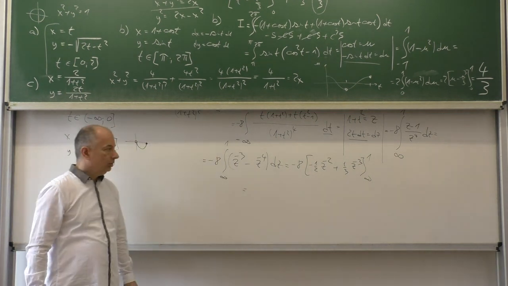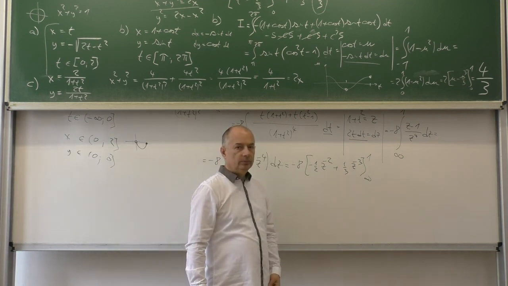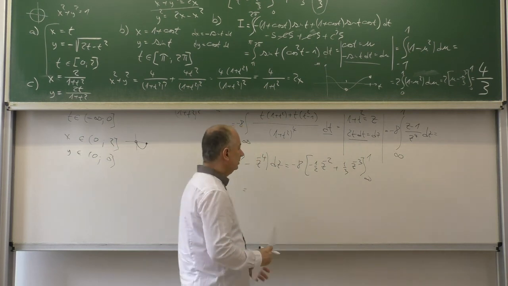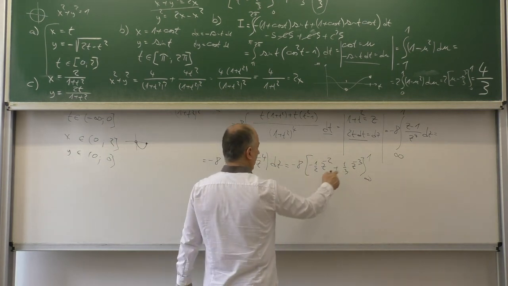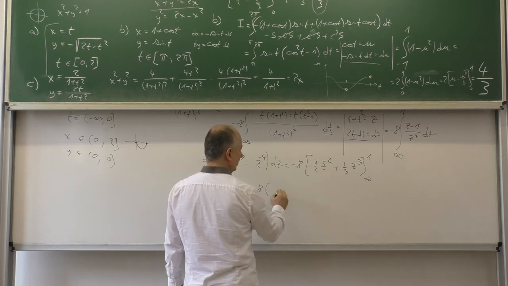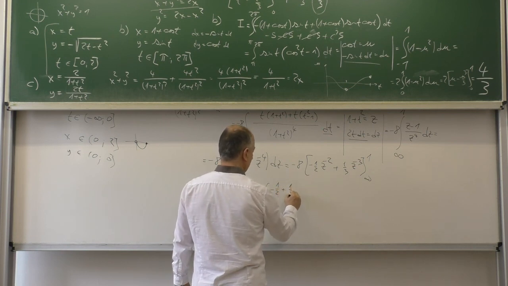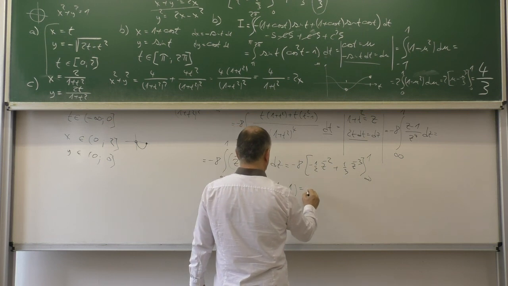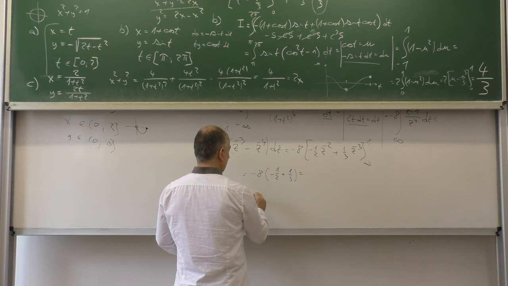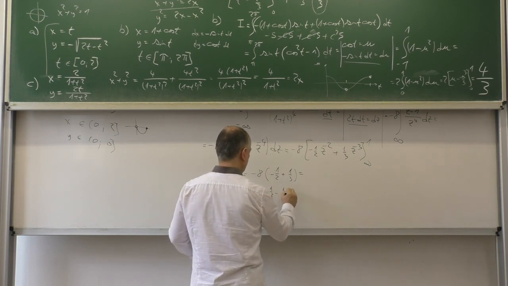And z to minus 2 and z to minus 3 at infinity is 0. More precisely, the limit for z going to infinity is 0. And when evaluated at 1, we have minus 8 times minus 1 over 2 plus 1 over 3, which is 8 times 1/2 minus 1/3.